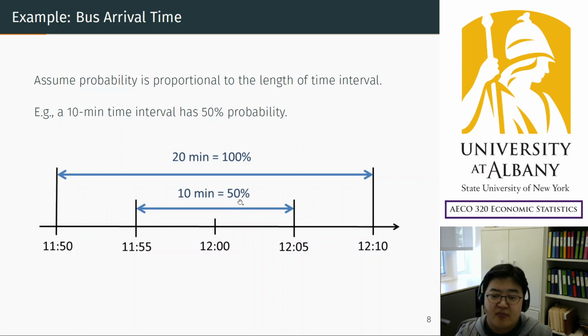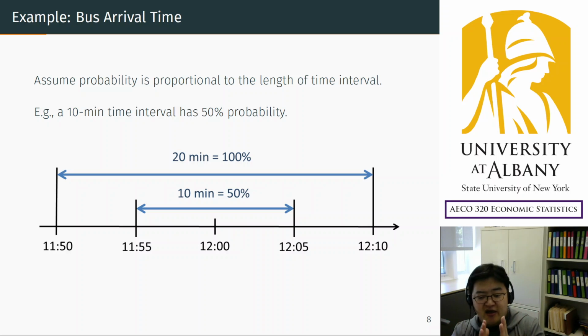That would be 50% because the time window is half of the 20 minutes, the 100% window. So the probability is proportional to the length of the time interval. So it's natural.